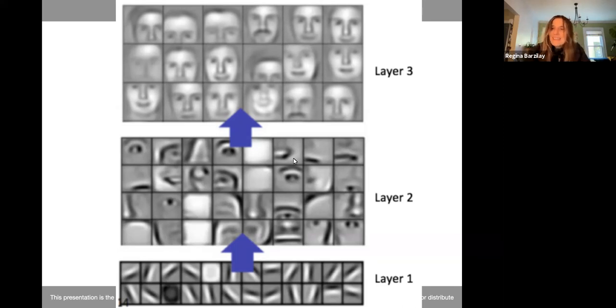As you go to the second layer, something remarkable happens. It actually learns to identify parts of the face, again, even though it never knew that the face consists of eyes and nose. And then layer 3 takes these different parts of the face and learns how to assemble them into a coherent face.